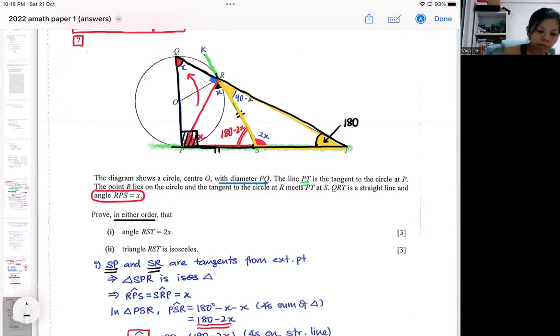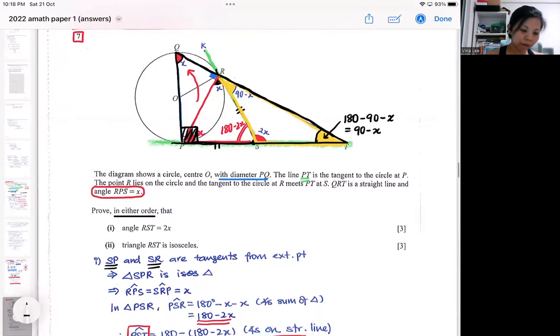So I'm looking at this big triangle, the black one, the 90-degree, the x, to find that this is 180 minus 90 minus x. So using the big triangle, I found out that this angle is 90 minus x. So I'm going to find another one.